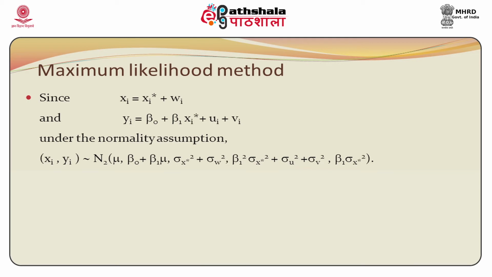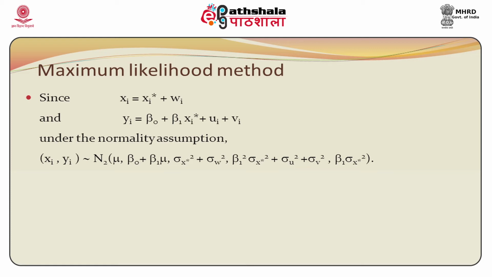So, under the normality assumption, xi and yi are jointly distributed as a bivariate normal, with mean of x being mu, mean of y being beta naught plus beta 1 mu, variance of x being sigma x star square plus sigma w square, and variance of y being beta 1 square sigma x star square plus sigma u square plus sigma v square.